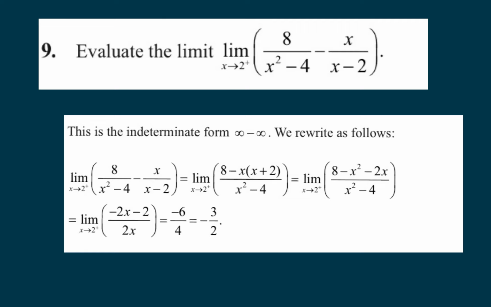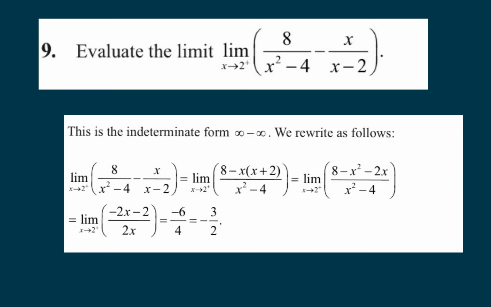When x approaches 2, 2 minus 2 will approach 0 from the right, 0 plus, because you are putting here an x number that is bigger than 2. So you put in 2.001 approaching 2, and 2.001 minus 2 is something positive.